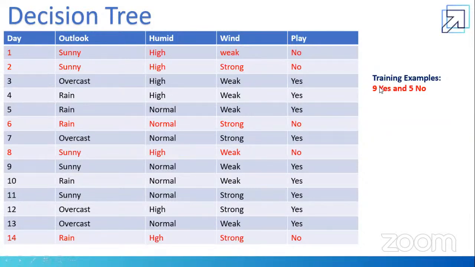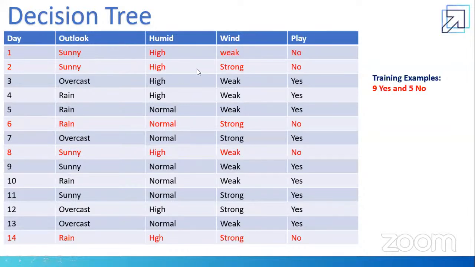So we have 9 yes training examples and 5 no training examples. In this data set, we have 3 different values for outlook: sunny, overcast, and rain. We have 2 different values in humidity, that is high and normal. We have 2 different values in wind, that is weak or strong.